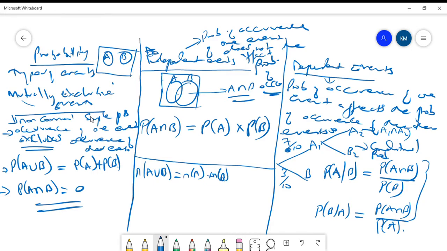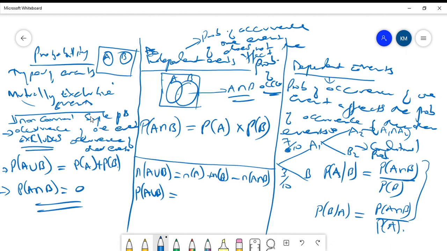When I was picking A and B, I picked the intersection twice. So I subtract the intersection, A intersection B. This is from your set theory, and you can transfer it directly to the probability concept.